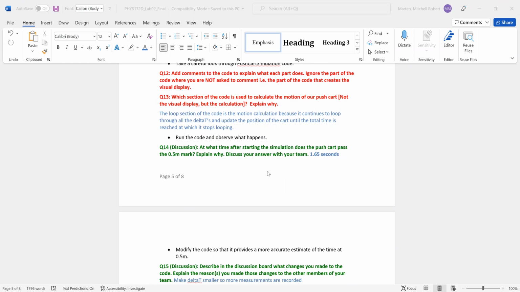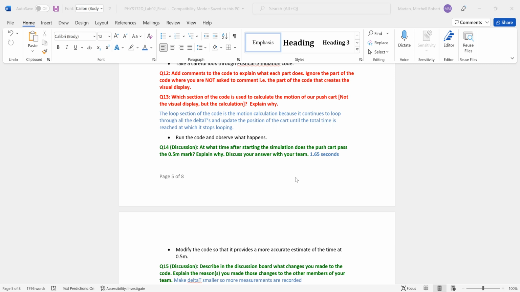The next discussion question says, at what time after starting the simulation does the pushcart pass the 0.5 meters mark? Explain why. So I have 1.65 seconds. That's just because I played it and then I looked at the graph of position versus time.